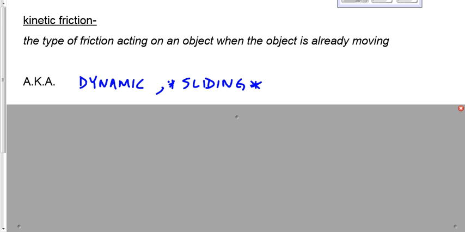Sliding friction. That'll become evident a little bit later on as to why I like to sometimes call it sliding friction. So it's the force of friction that's acting on an object that's already moving. It resists the motion. It wants to slow it down. It wants to stop it.